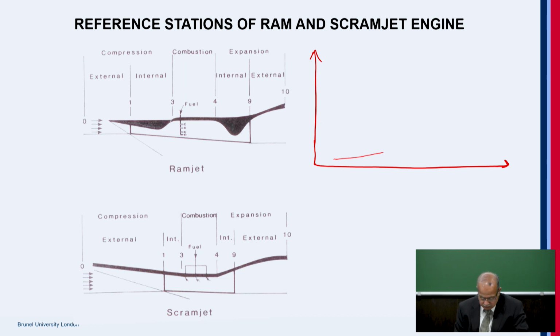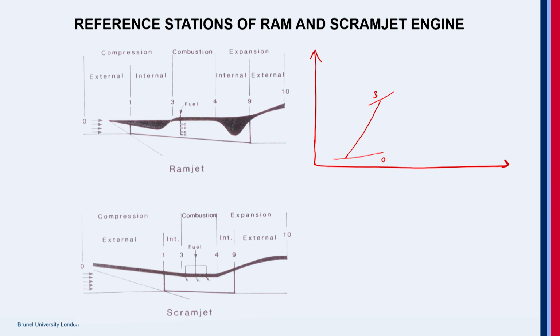Here is the unperturbed free stream condition. When you look at this, the compression is taking place from 0 to 3, and here it is 1. This is the actual engine.